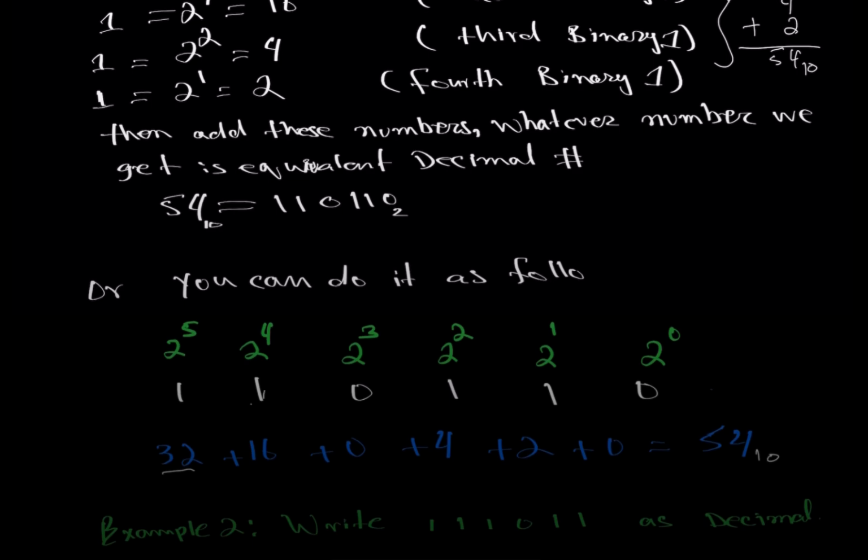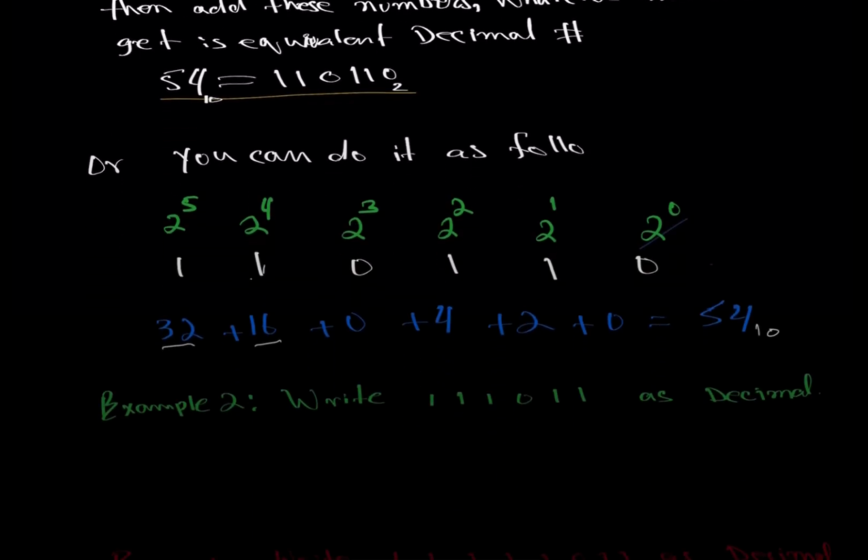And everywhere you see 1, 2 to the 4 is 16. Then you have nothing in here, so you don't add that, or you add 0 there. Then you have 1 right here, 2 to the power 2 will be 4. And same thing right here. And that will add up to 54.